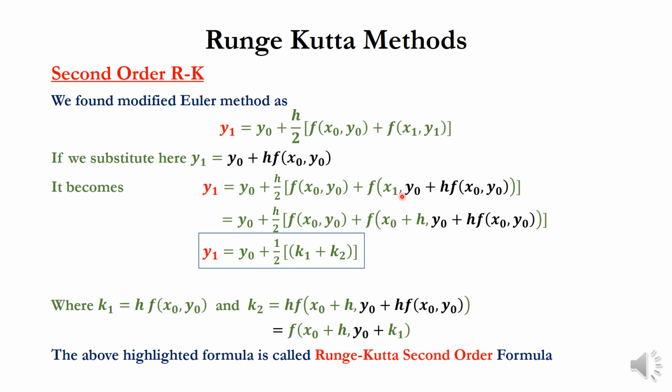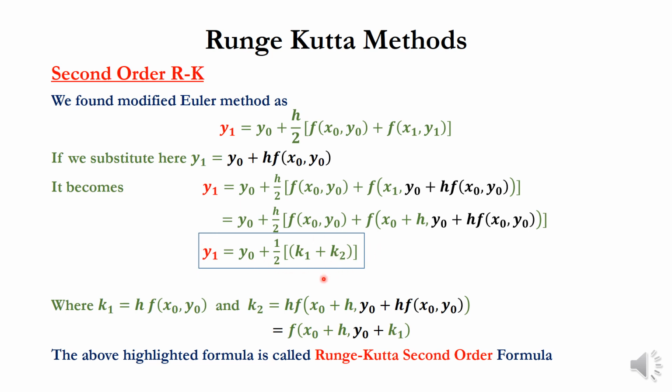Now this x1 is replaced by x0 plus h, and this equation is written in symbol format like this, that is y1 is equal to y0 plus 1 by 2 into k1 plus k2, where h into f of x0 y0 is replaced by k1, and h into f of x0 plus h comma, this one is replaced by k2.